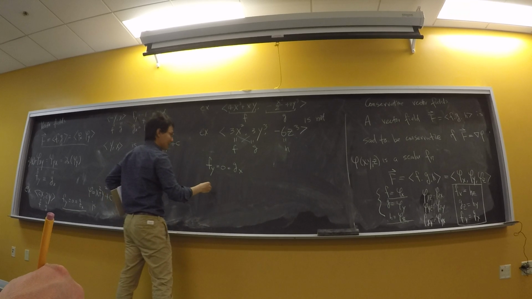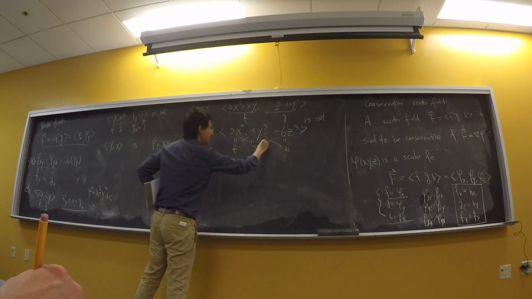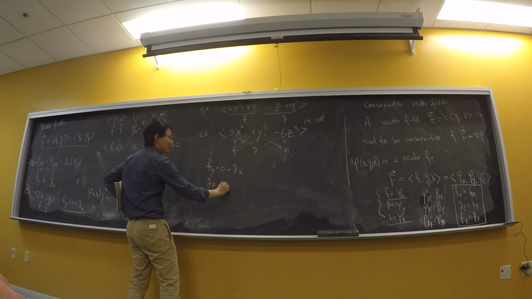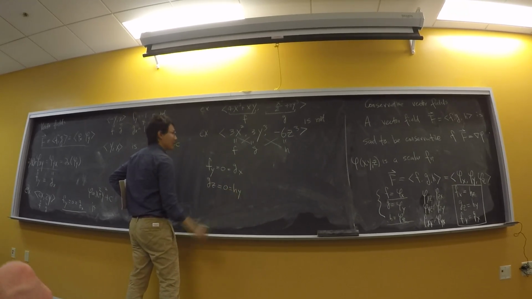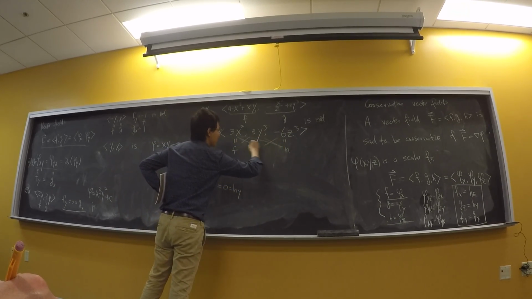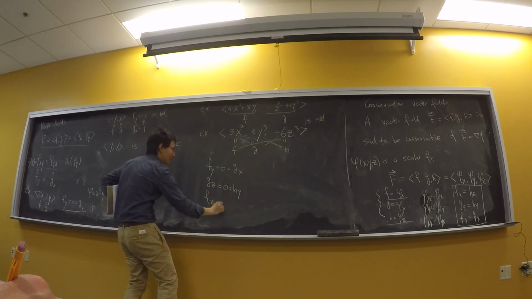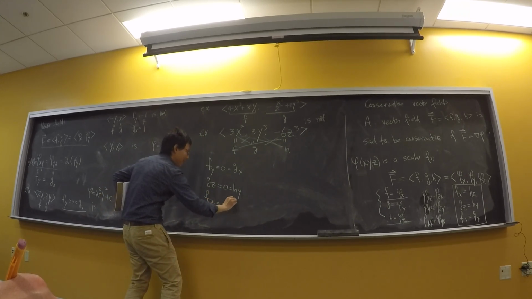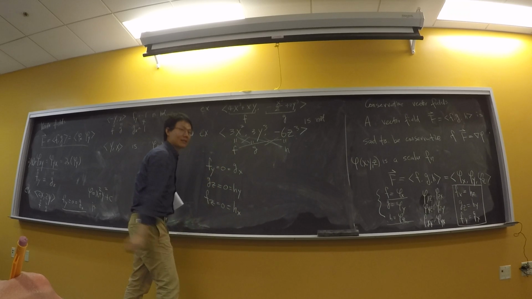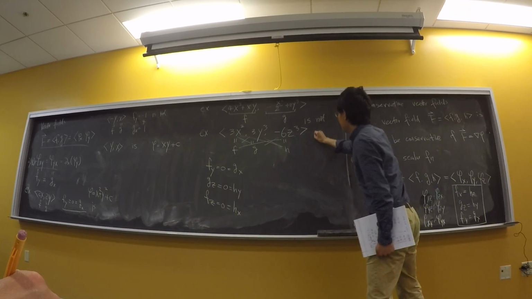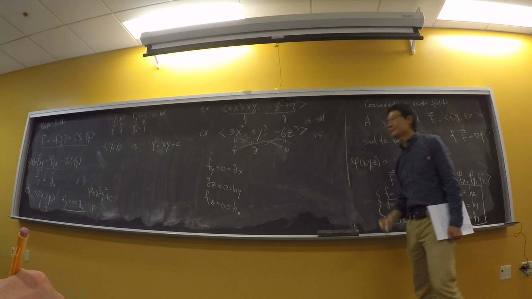If I'm looking at these two, g of z is equal to 0, which is equal to h of y. And if I'm looking at the x and z components, f of z is equal to 0, which is equal to h of x. So they're all equal to 0, which means this is a conservative vector field.